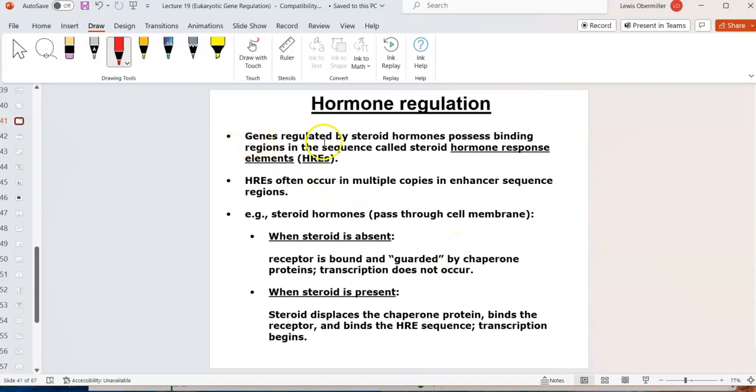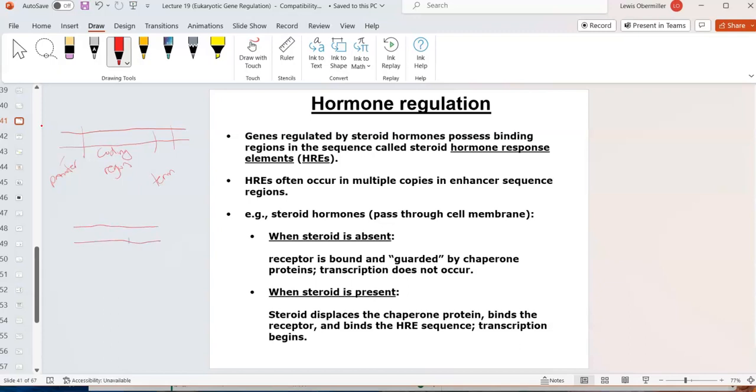Okay, so genes that are regulated. Let's draw our gene up here, and we know a gene has a promoter, a coding region, and this is from previous chapters, and a termination region. So we're going to focus on the promoter.